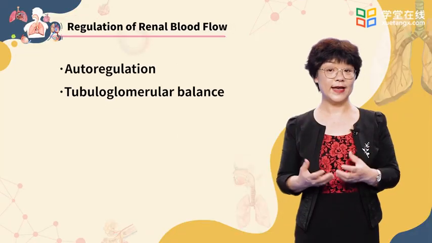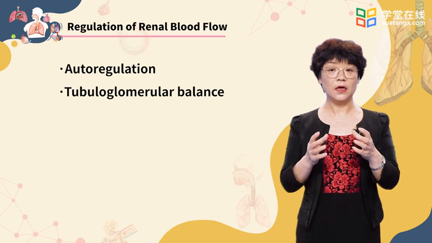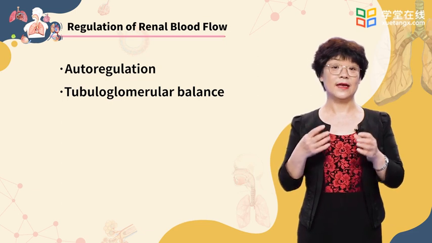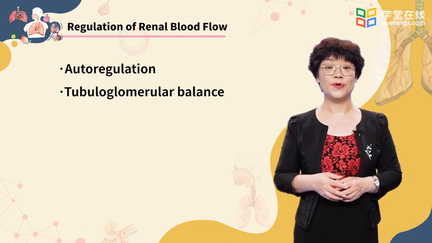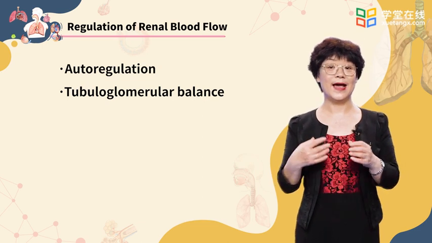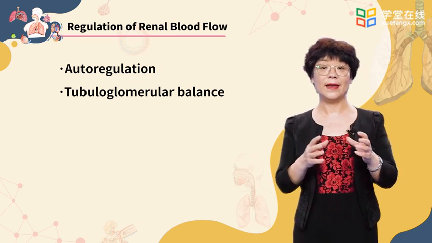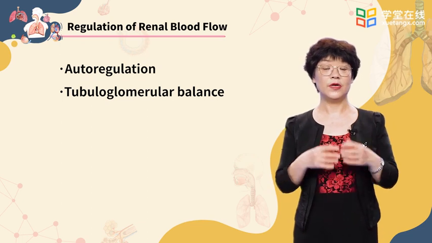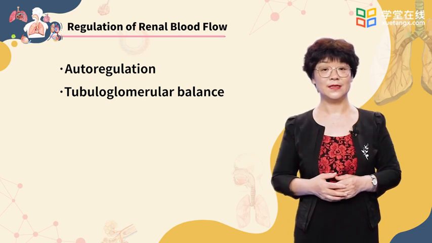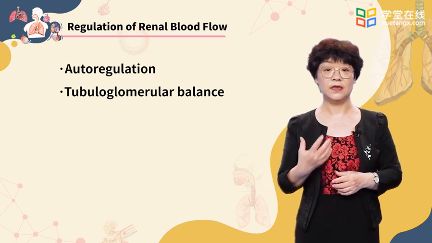Blood flow to the kidneys is tightly autoregulated so that the renal blood flow remains constant despite dramatic changes in mean arterial blood pressure between 60 mmHg and 180 mmHg. As mentioned in the first chapter of this course, autoregulation is the intrinsic ability of an organ to regulate its own blood flow.